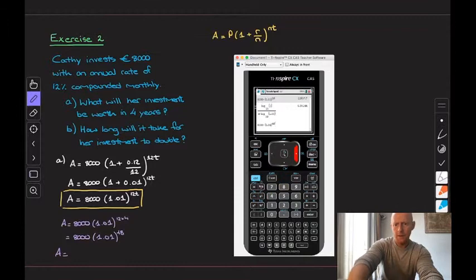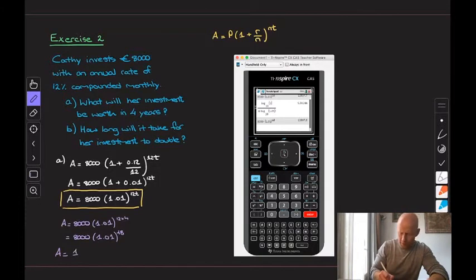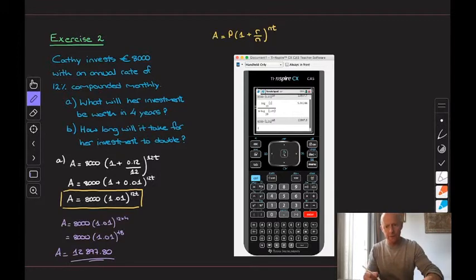Yeah. And we get that. That's 12,897. Let me just write that. 12,897 and 97.80 euros. And I'll go ahead and underline that result.